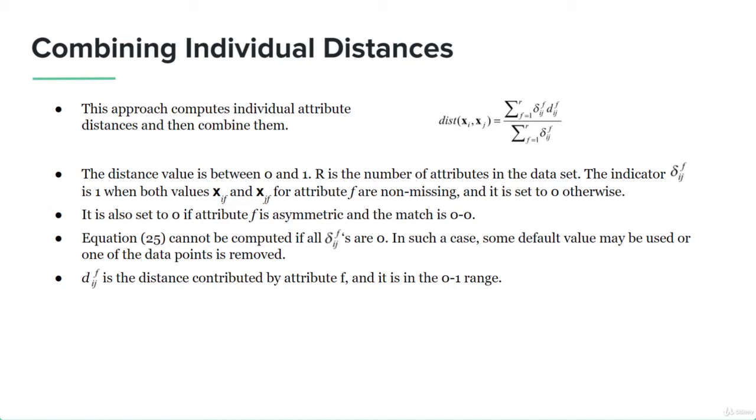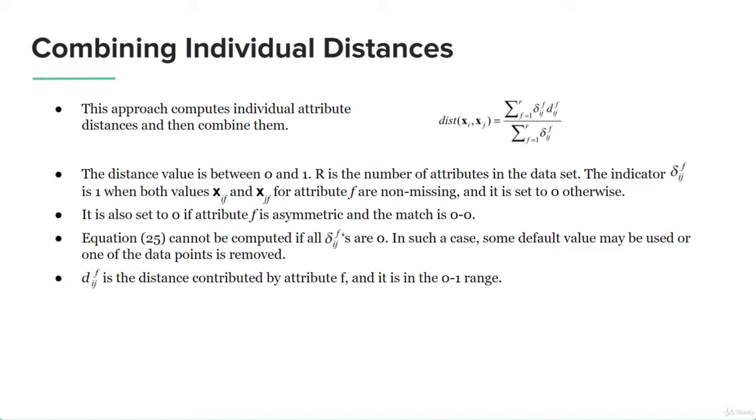This approach computes the individual attribute distance and then combines them. Looking at the algorithm, the distance values are always between 0 and 1. R over here is the number of attributes, so we are iterating over the attributes.